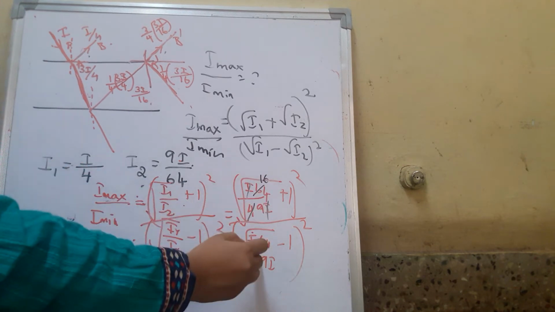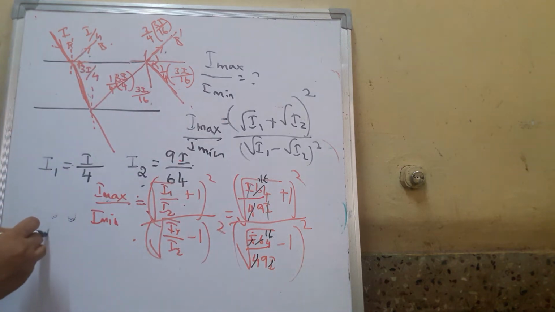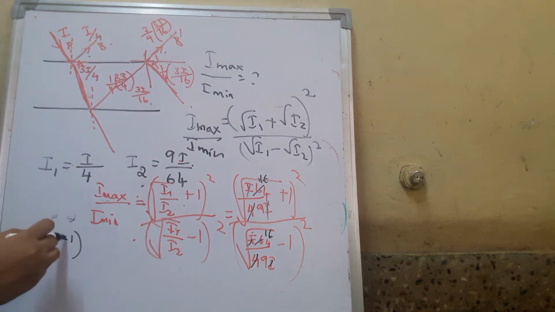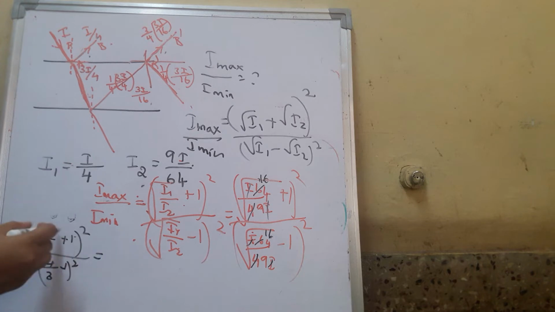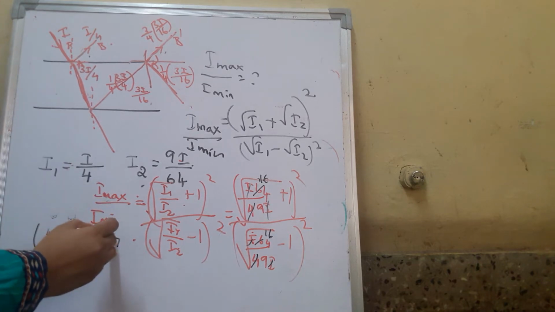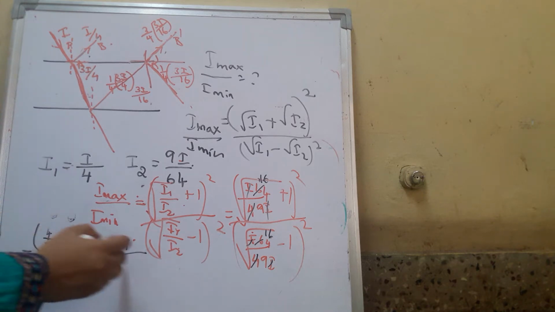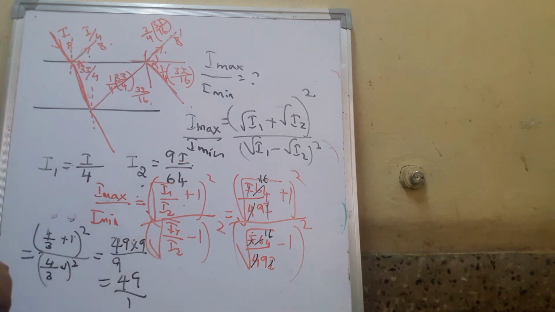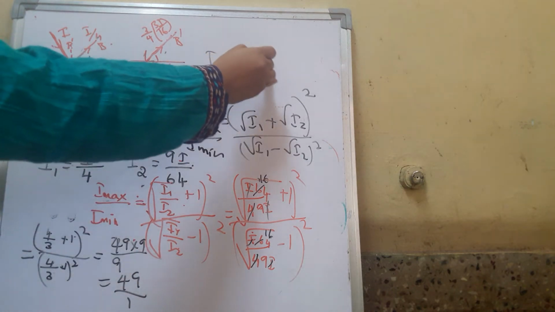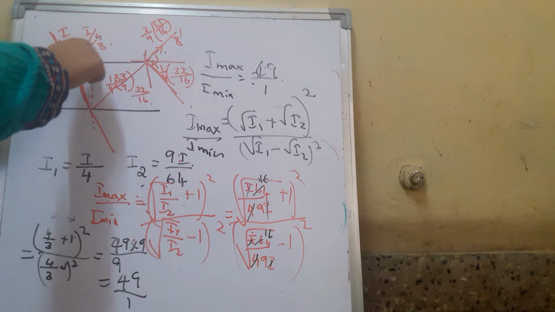This is 16 times. இப்போ ரூட் எடுத்தால் 4/3 வரும். ஒத்துக்கிறீங்களா? 4/3 plus 1 the whole square by 4/3 minus 1 the whole square. இப்போ இது 7/3 the whole square, that is 49/9. அதே மாதிரி இது 1/3 the whole square, that is 1/9. மேலே 9 போட்டுக்கலாமா? அப்படின்னா 49/1. ரைட். ஸோ இப்போ I max by I minimum 49/1 வந்துருச்சு.